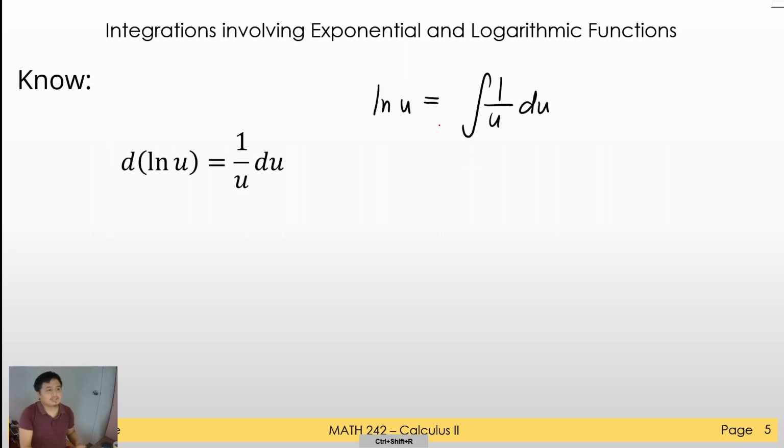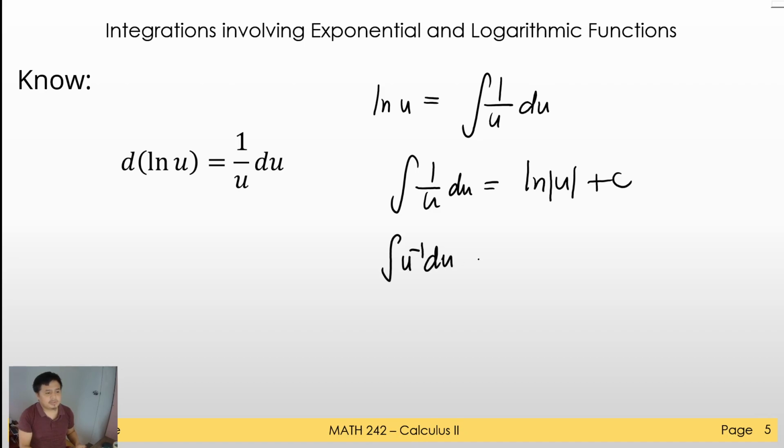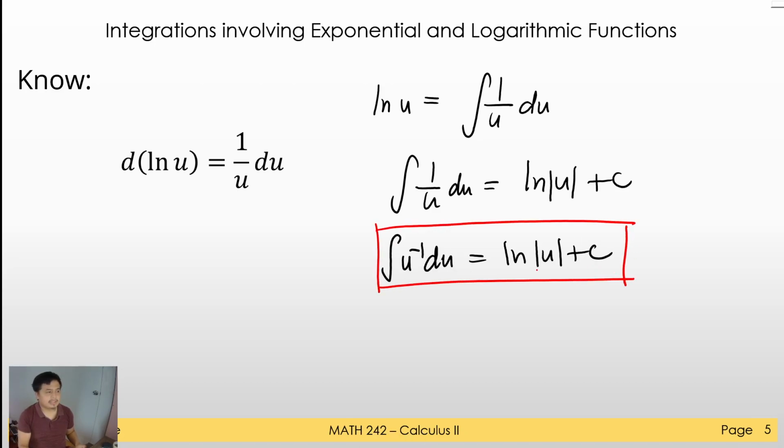To simplify this, actually this should be an absolute value, since u here cannot be made negative. So the integral of 1 over u du is equal to ln of the absolute value of u plus c. We can also write this as the integral of u raised to negative 1 du is equal to ln of the absolute value of u plus c.